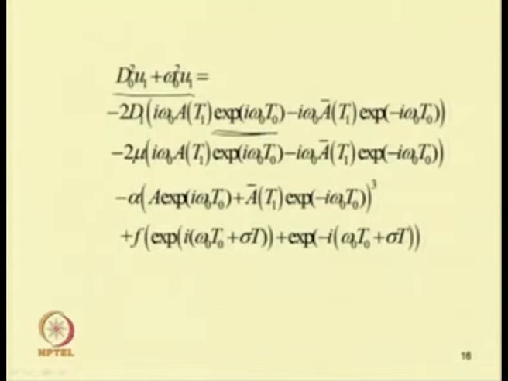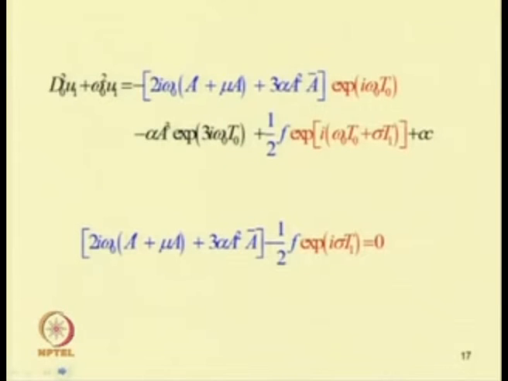One can see that this is a secular term. We can write this equation using the complex conjugate also, so one can write in this way. This has to be eliminated, as this is the coefficient of e to the power i omega 0 t 0, which will lead to an unbounded solution.